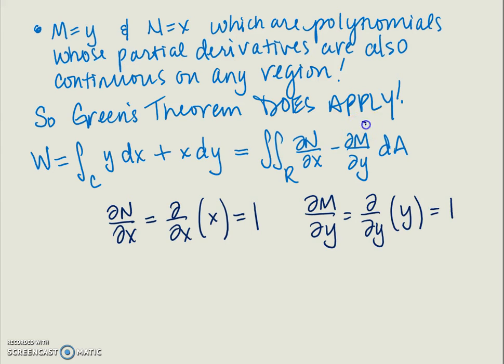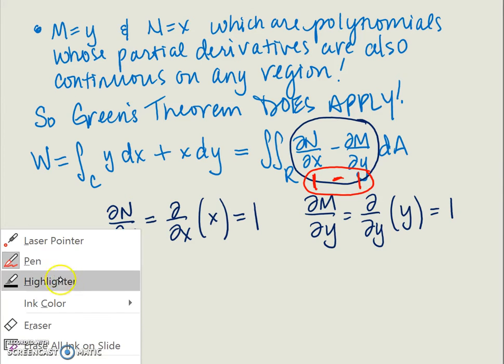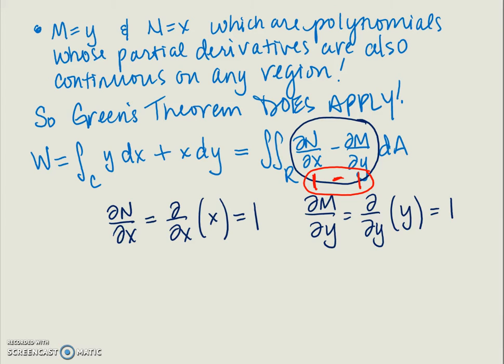So my integrand here, when I use Green's theorem, actually ends up being 1 minus 1. So this is 1 minus 1, which is 0, as we all know.